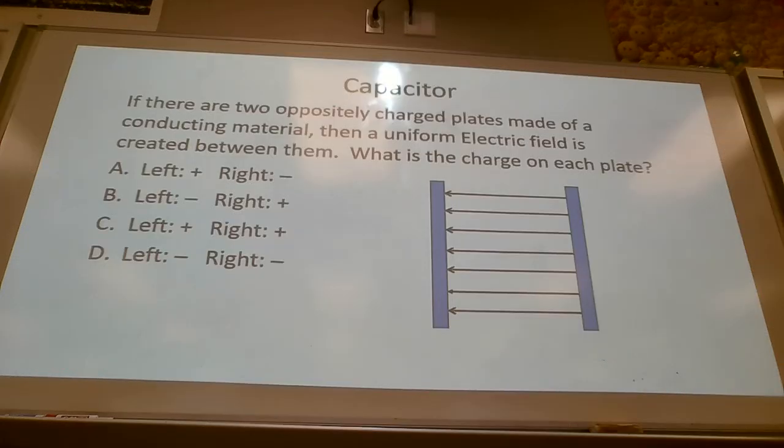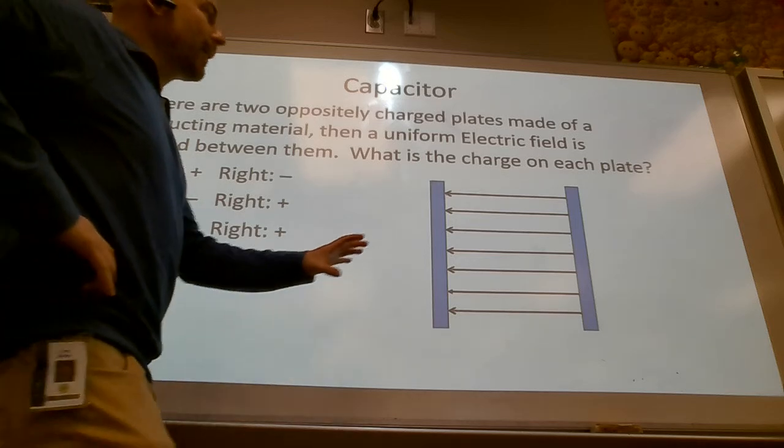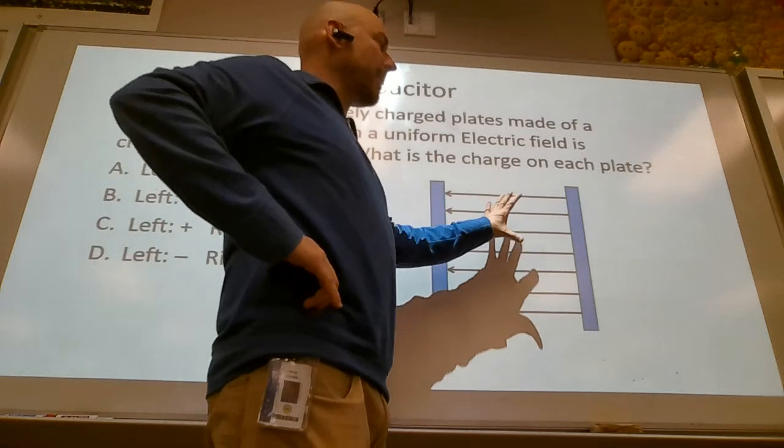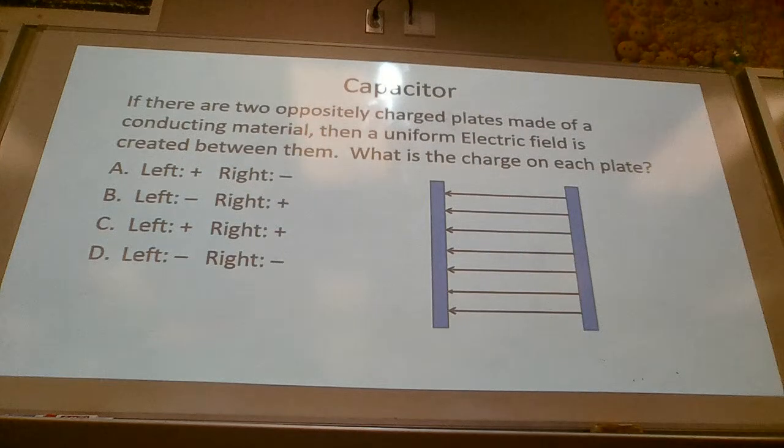So, a capacitor is an electronic device. In introductory physics classes, they like capacitors a lot because they create a constant electric field in between them. That's the only reason why we like them. This enables us not to use calculus.